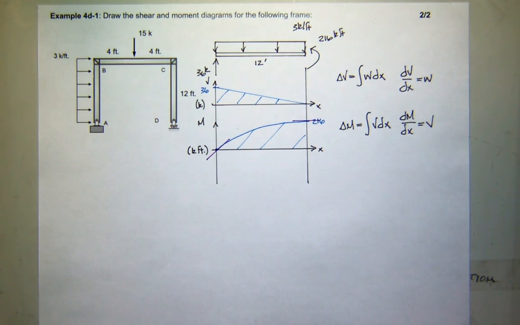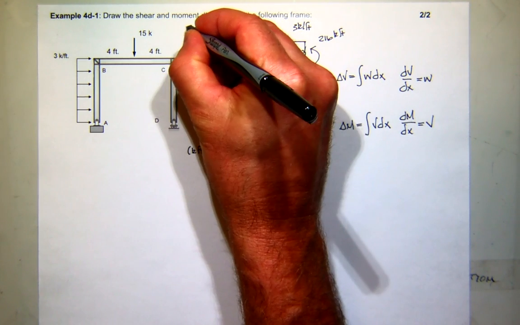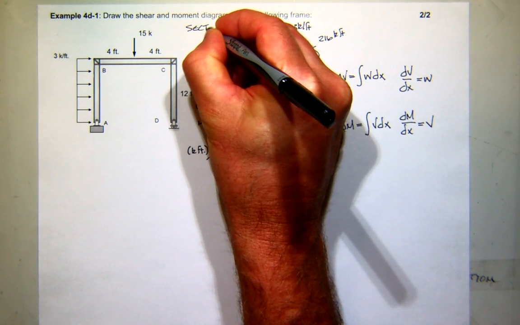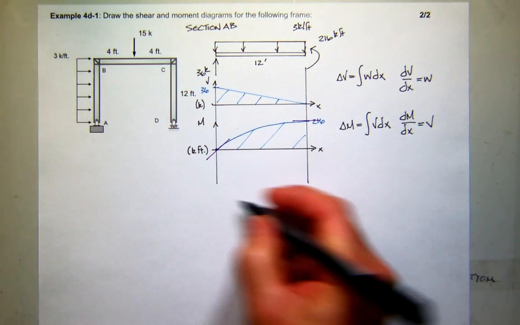So there's my shear, there's my moment diagram. Any questions about that? I forgot to label this. This would be section AB.